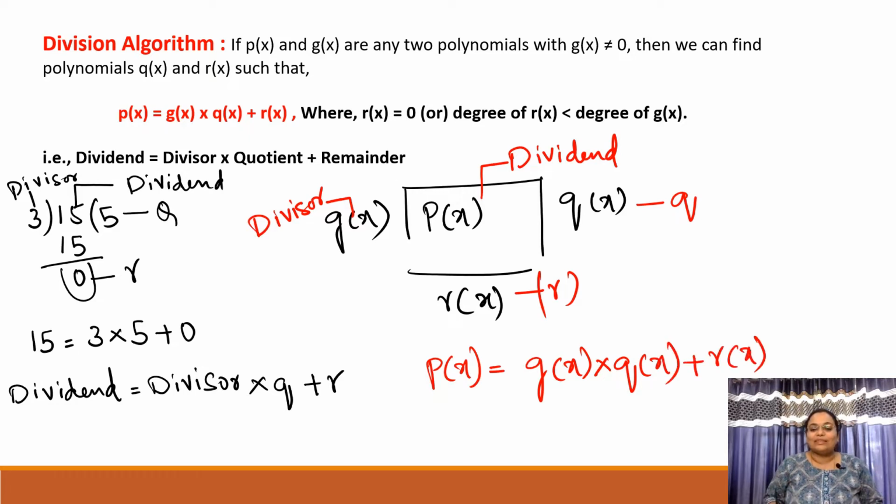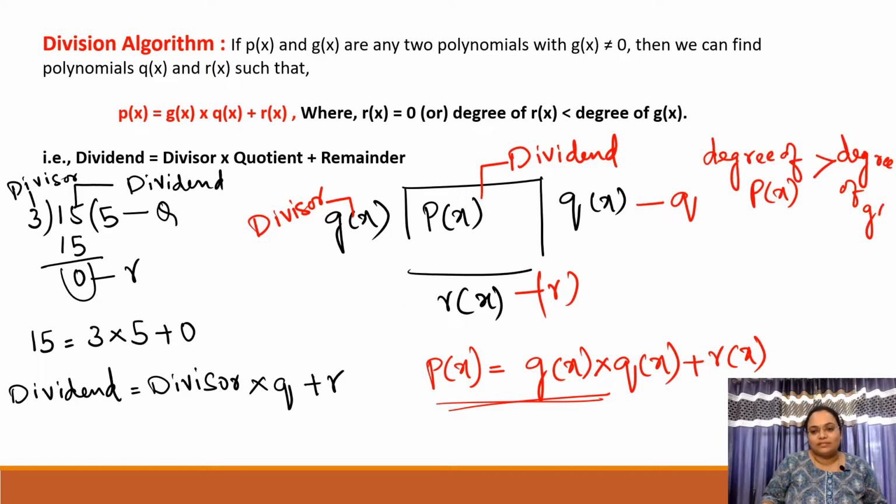Okay, so this is the division algorithm. P of X is equals to G of X into Q of X plus R of X is the division algorithm, right? So here the degree of the P of X will be greater than the degree of the G of X. Then only we can divide it.